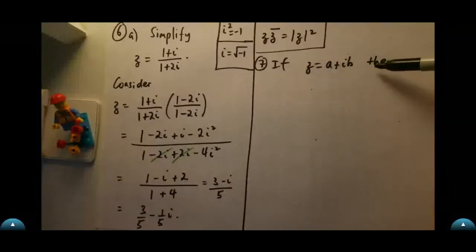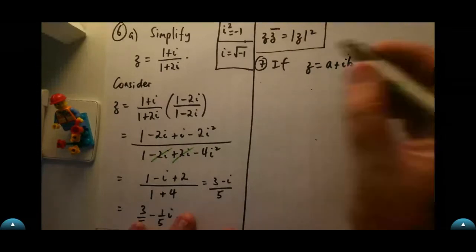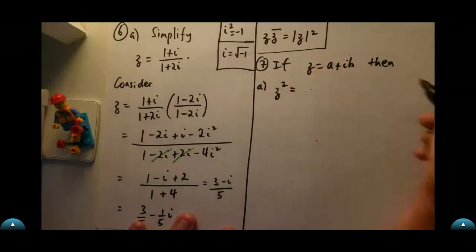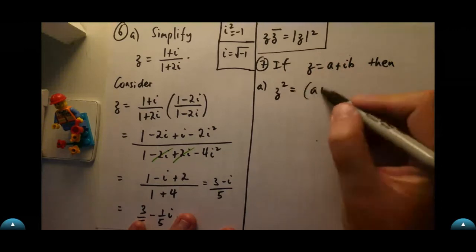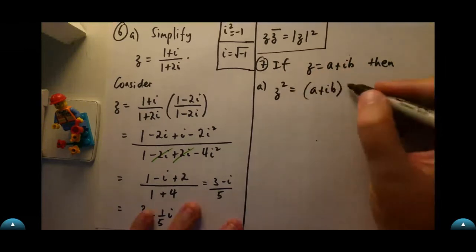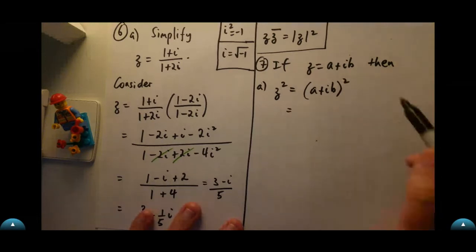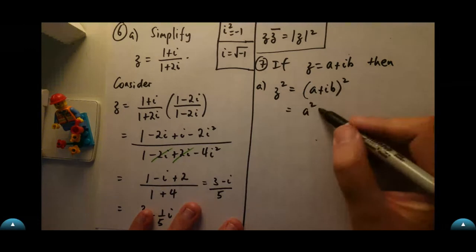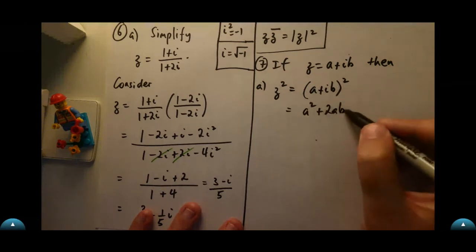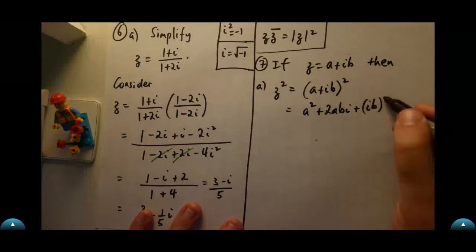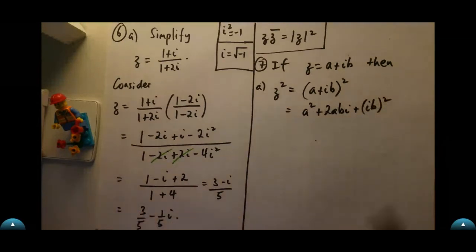Okay, so if Z is in Cartesian form, consider this. Z squared is going to be (A + iB) squared. So you would expand this like you normally would: A squared plus 2ABi plus i squared B squared.